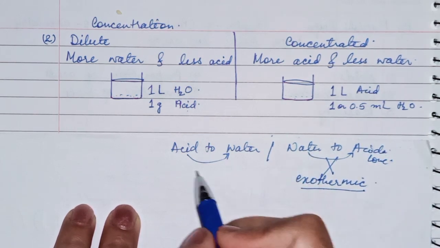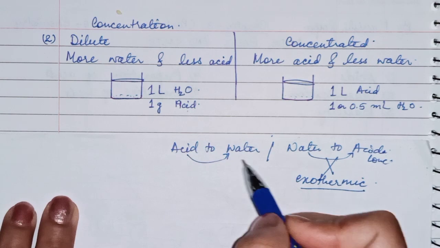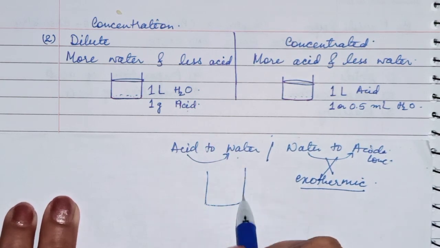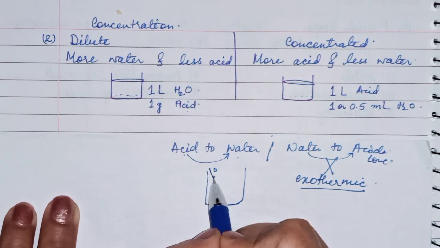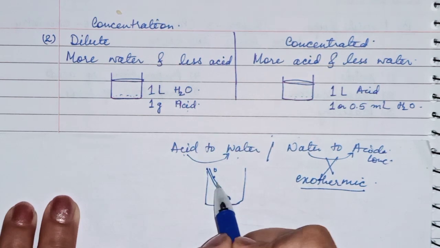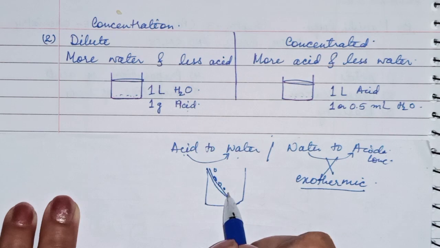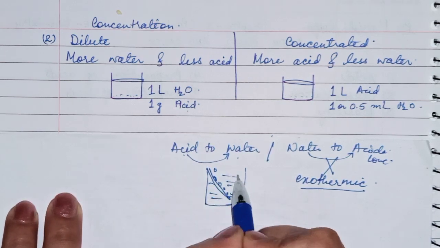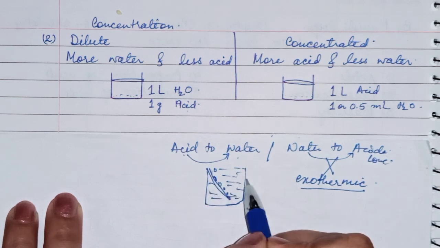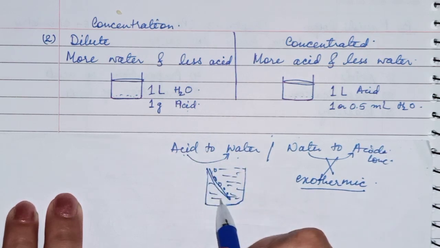What we do is take water in a beaker and add the acid dropwise with a glass rod. Water will be more and acid will come dropwise.